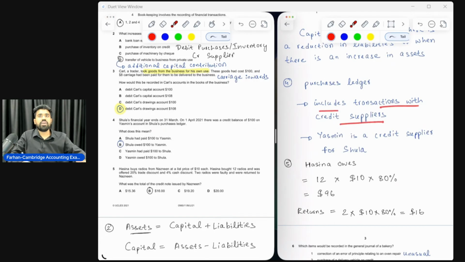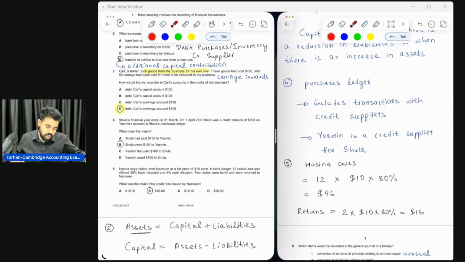So when I say that it includes transactions with credit suppliers, it could be any purchases that we have made on credit, any returns we have processed with our suppliers, any payments that we have made with our suppliers, any discounts that we may have received from our suppliers, right? So basically, any transaction that involves a credit supplier is included in the purchases ledger.